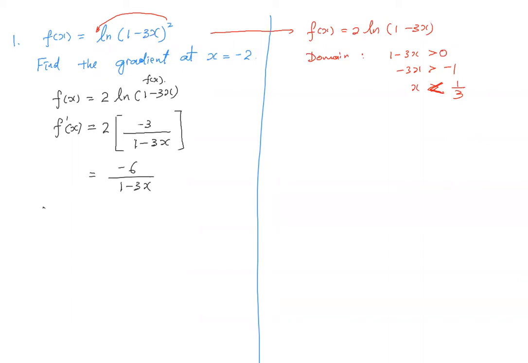So therefore, f prime of -2, we sub in, so we got -6/7. Are you okay?